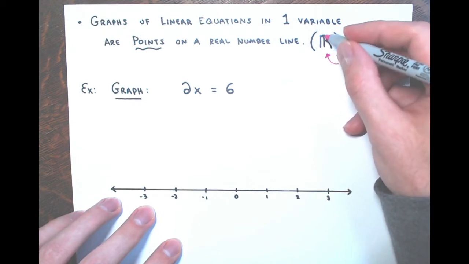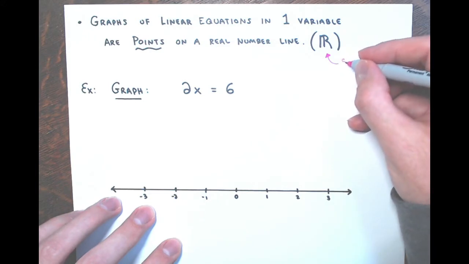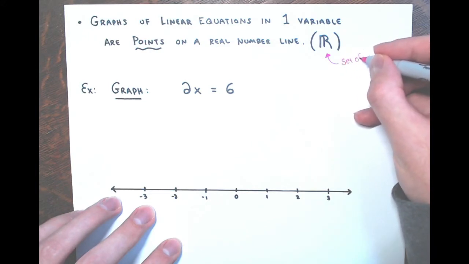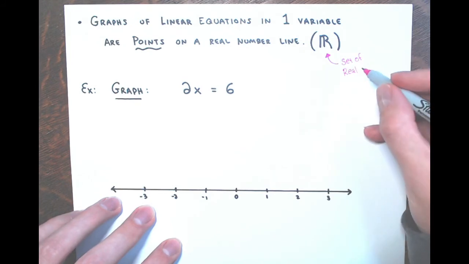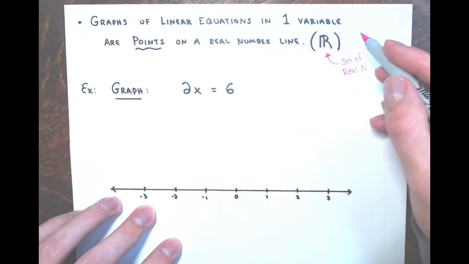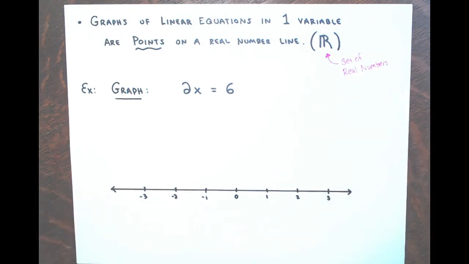This big R with a double bar, a fancy R. This is the set of real numbers, usually represented by a real number line.